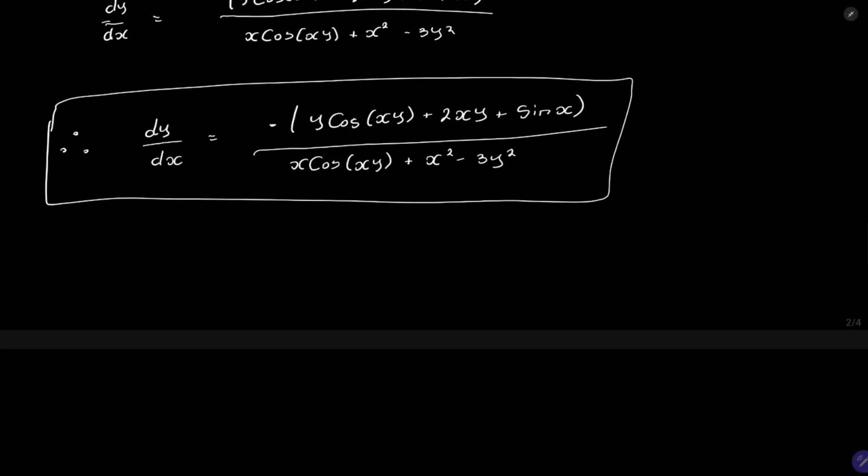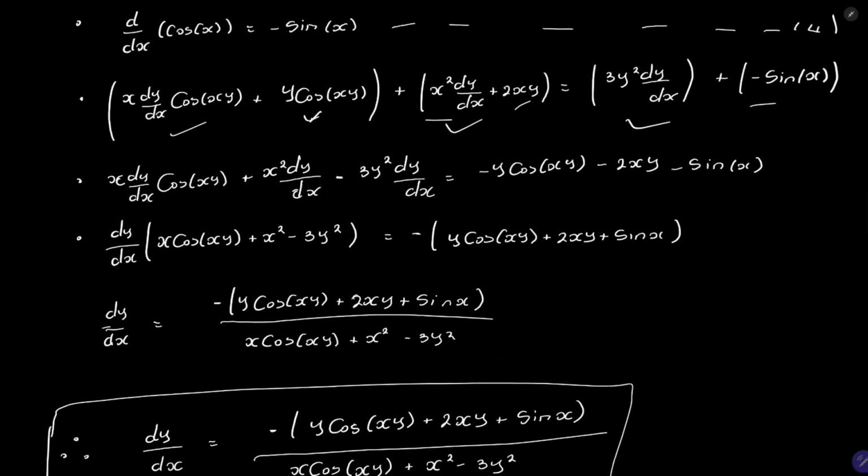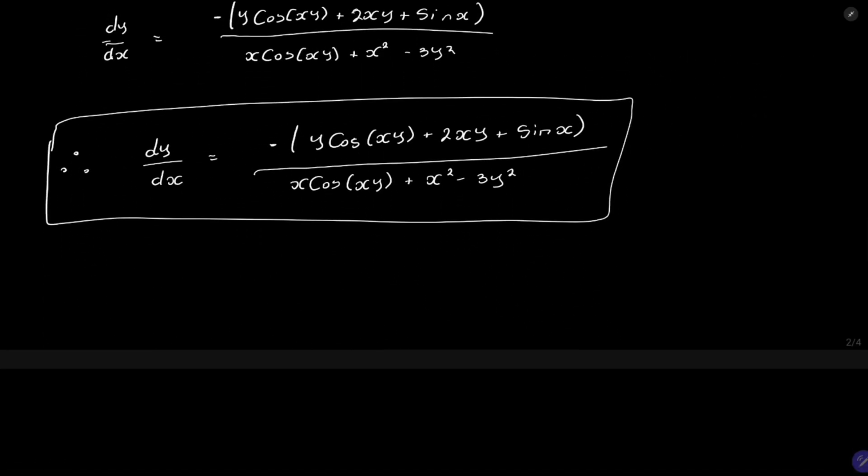So after finding this, we're left with dy/dx being the function negative in bracket y cos xy plus 2xy plus sine x bracket close, all divided by x cos xy plus x squared minus 3y squared.